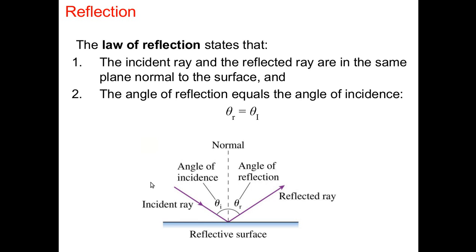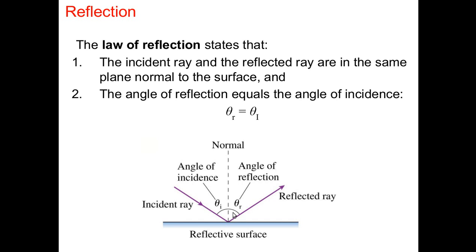Now keep in mind, when we deal with reflection and refraction, these angles are measured from a line that's perpendicular to the surface. So this is my normal line, it's perpendicular to the reflective surface. Theta incident and theta reflected are both being measured from that normal line. So they're not being measured from the surface, we're measuring them from the normal line.